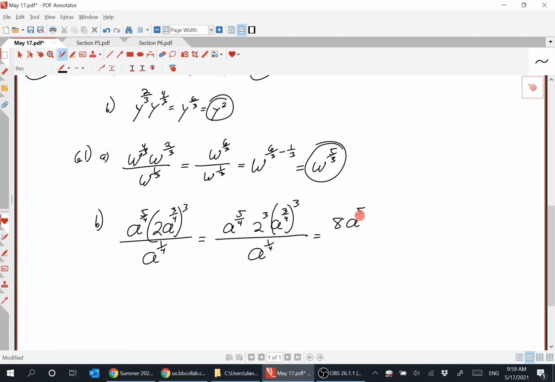A to the 5/4, and then we multiply the exponents here, right? So that becomes a to the 9/4 over a to the 1/4. So altogether we have 8a to the 14/4, adding the exponents here.